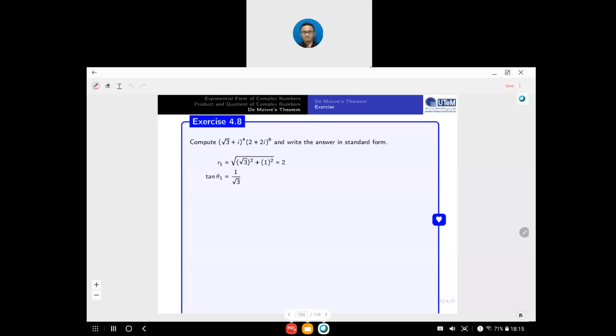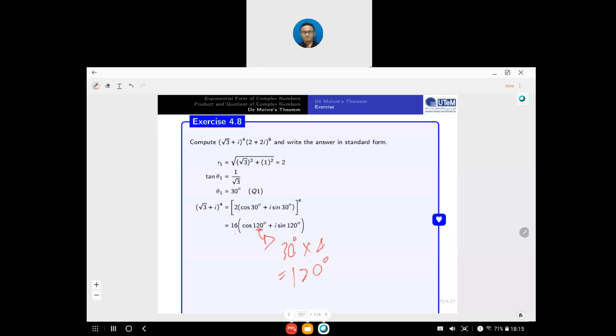Tangent theta equals 1 over √3, so you can get 30 degree, quadrant 1. Then you can get (√3 plus i) to the power of 4, so you get 16 cos 120. The 120 you get by 30 degree times 4.